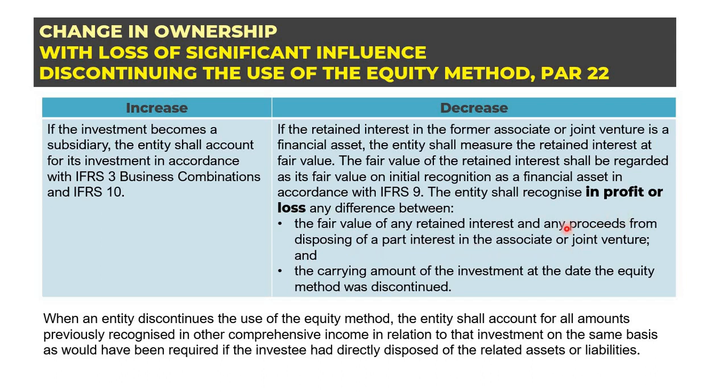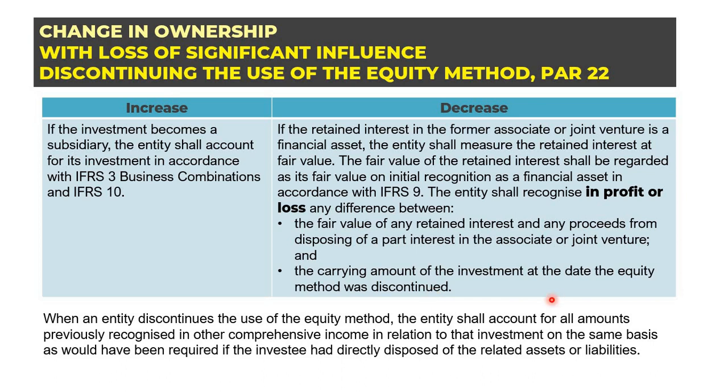So, these proceeds are the cash collections we received from the sale of the 30,000 ordinary shares of DEF. So, the total of the fair value of the 70,000 ordinary shares, the retained interest, and the proceeds from the sale of 30,000 ordinary shares, you take the difference of that against the carrying amount of our investment in associate at the date the equity method was discontinued. And again, the date we discontinued the equity method is of course the date we lost the significant influence, and that is on May 1.